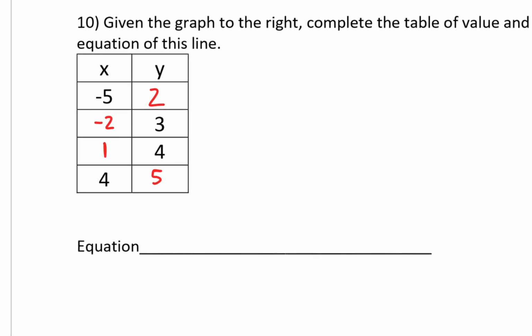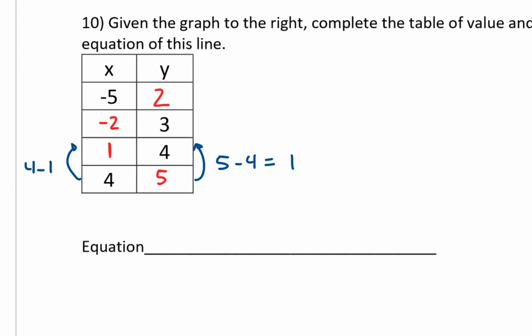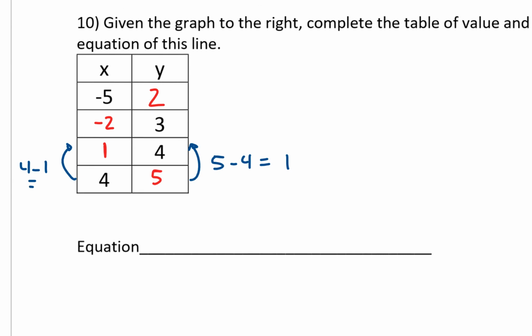I said the slope was 1/3 from the graph, but what's nice about multiple representations is I can verify that. So if I look at the change in y, in other words, if I take 5 minus 4, I get the number 1. And if I take right here 4 minus 1, I get the number 3.